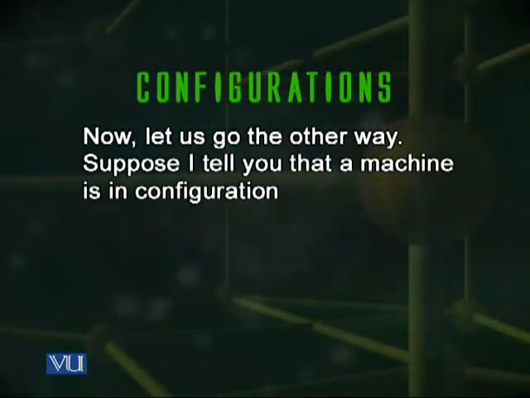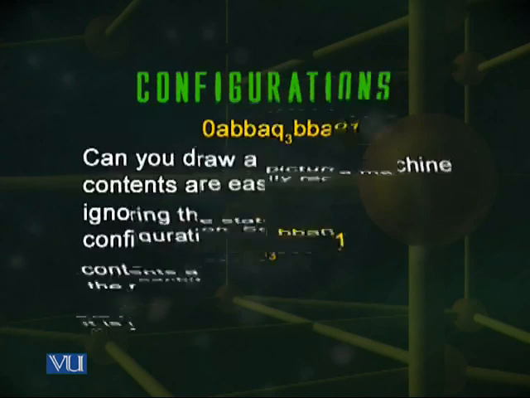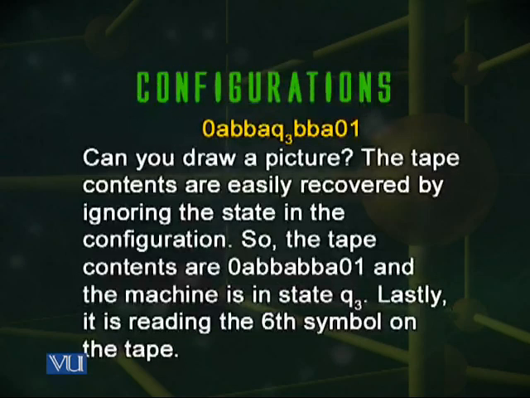Suppose that I tell you that a machine is in a configuration 0A, BBA, Q3, BBA01. Can you draw a picture of this Turing machine and show me what configuration it is in? Well, the tape contents are easily recovered in this notation by ignoring the state in the configuration.